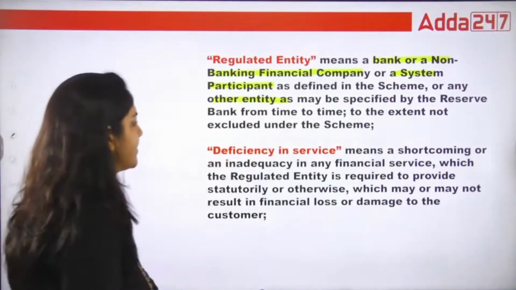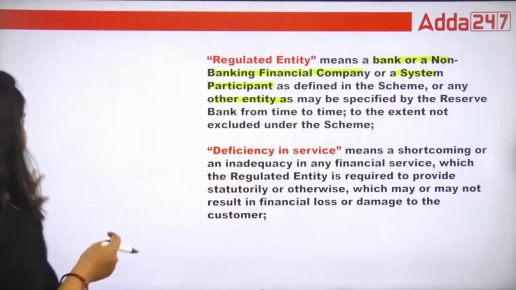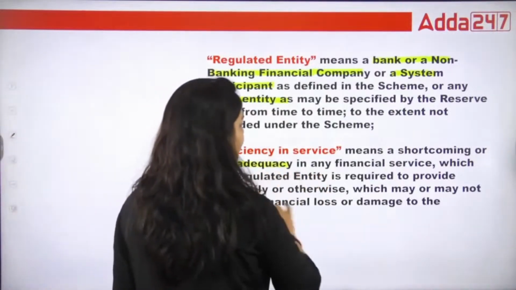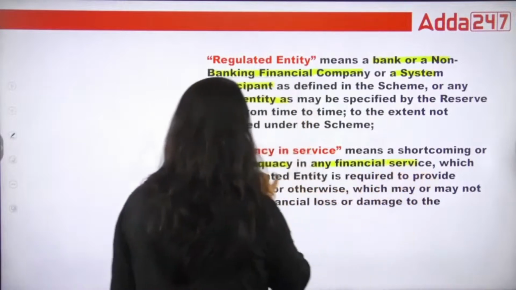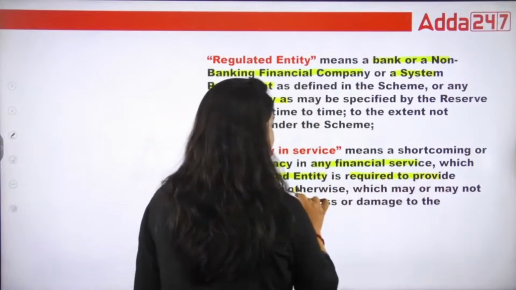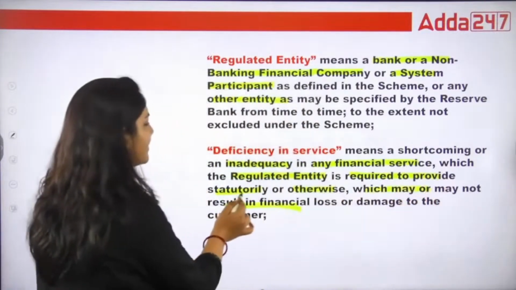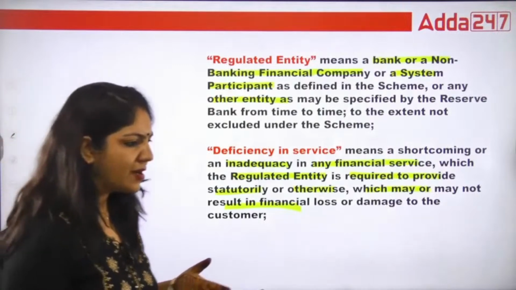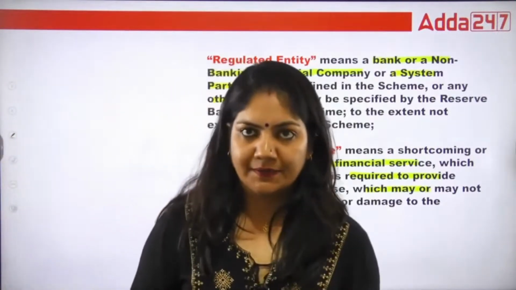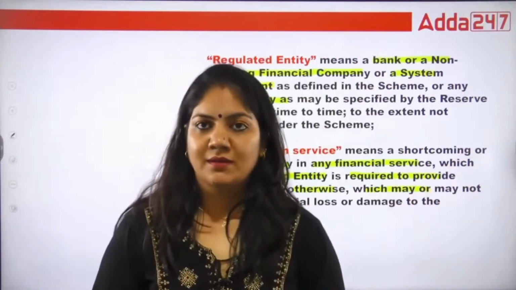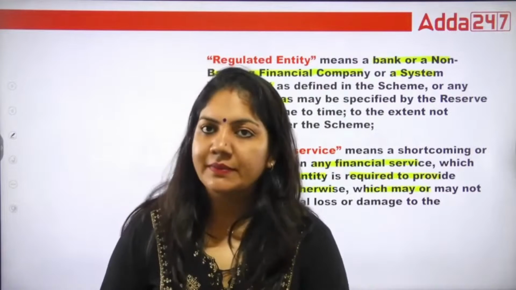Okay, deficiency in service. What is deficiency in service? It means shortcoming or inadequacy in any financial service which the regulated entity is required to provide, statutory or otherwise, which may or may not result in financial loss and damage to the customer. So if the customer is not satisfied, he can file the complaint with the ombudsman.